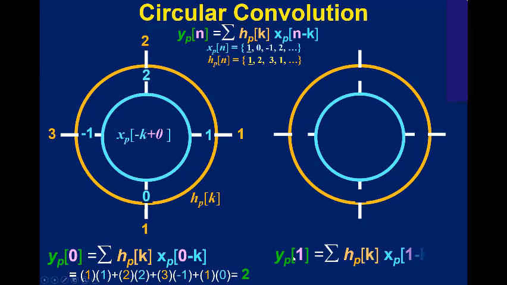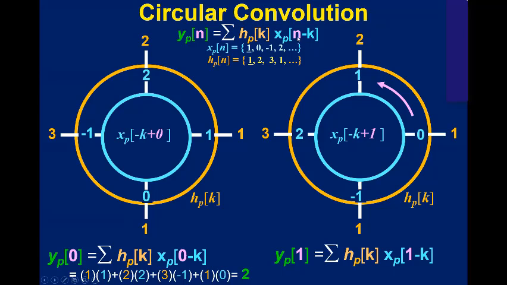Then for y of n equals 1, we do the same thing. We take our h values, which are never moving. It's always 1, 2, 3, 1. You take our x of minus k again, and now I have to rotate it by 1. So we take our x of minus k and rotate it counterclockwise 1 position, so that we have now 1, 0, minus 1, 2, still going in reverse, clockwise around the circle, but now rotated 1 position.